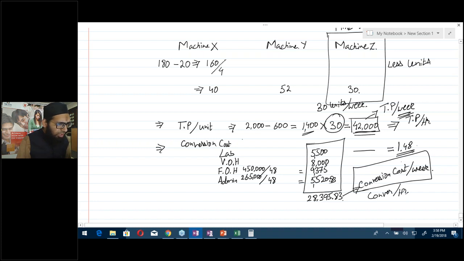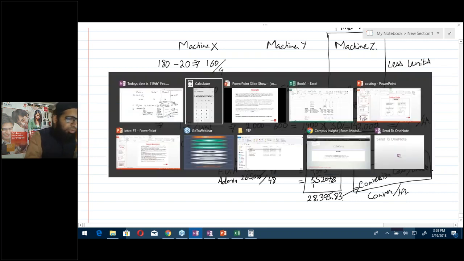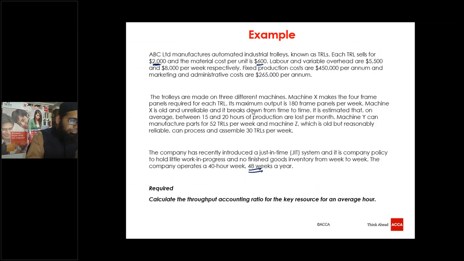One of the students has asked me, how did you calculate the 20 units on machine X? Okay, dear, in the example we have been told that on average between 15 and 20 hours of production are lost per month.